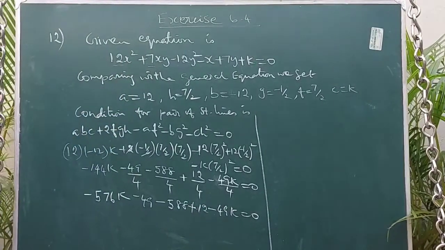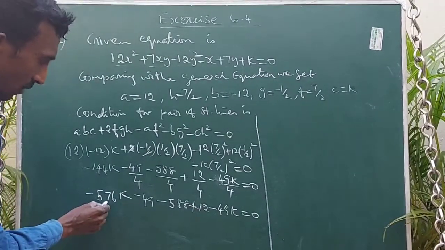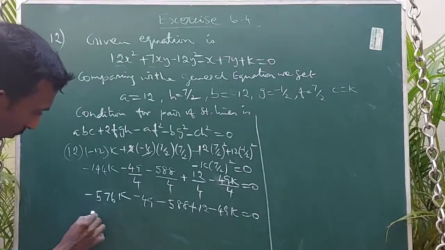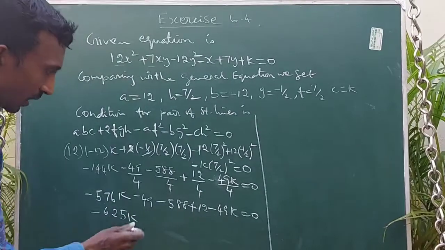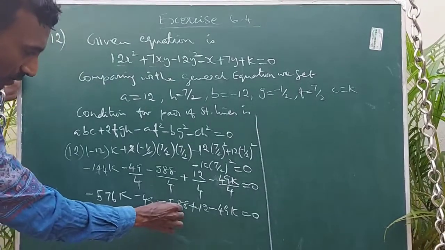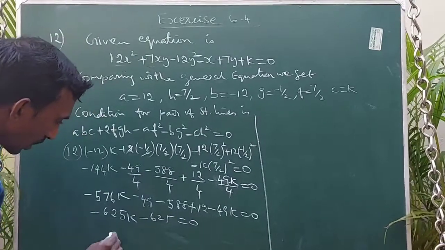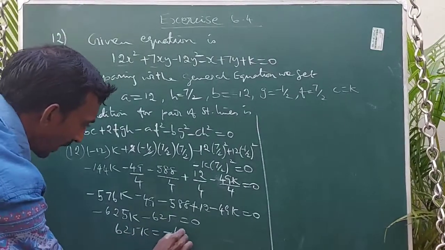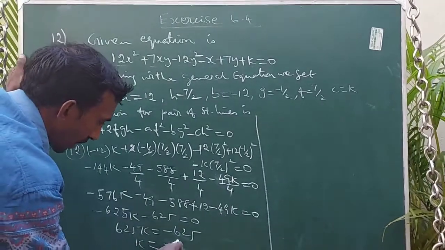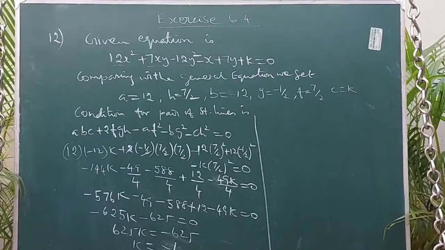Taking 4 as the LCM and summing up these, we are getting minus 625k, and the constants also sum to minus 625 equal to 0. So 625k equal to −625, k equal to −1. So we got the answer for the first question: the value of k equal to −1.